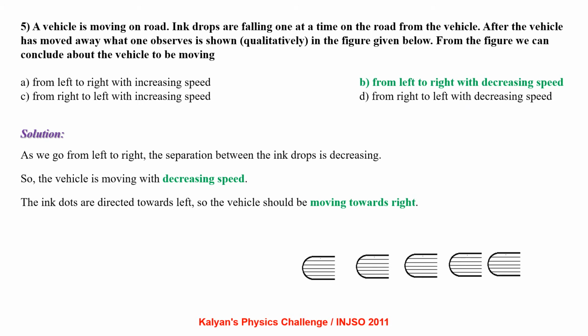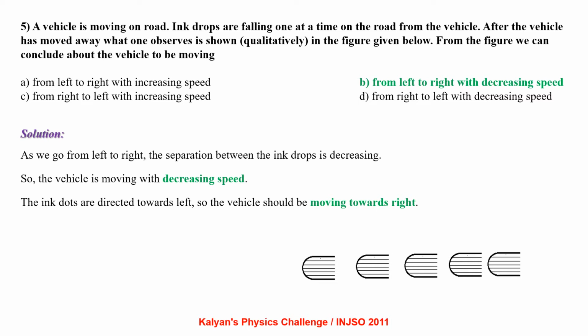A vehicle is moving on a road. Ink drops are falling one at a time on the road from the vehicle. After the vehicle has moved away, what one observes is as shown qualitatively in the figure given below.